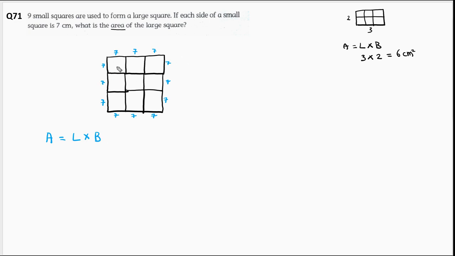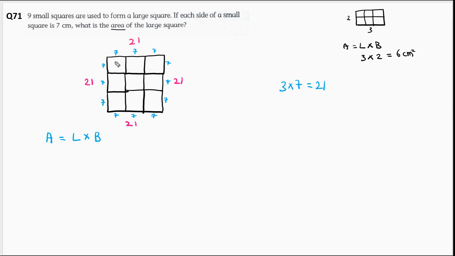So what is the length of each of the sides of this big square? You can see this is 3 sevens. So 3 times 7, you will know from your times tables, is 21. So this side is 21, as is this. All of the sides are 21 because it's a square and all the sides are the same.